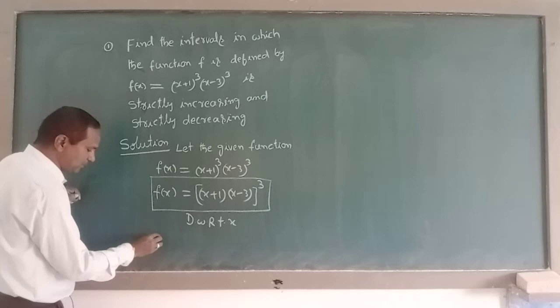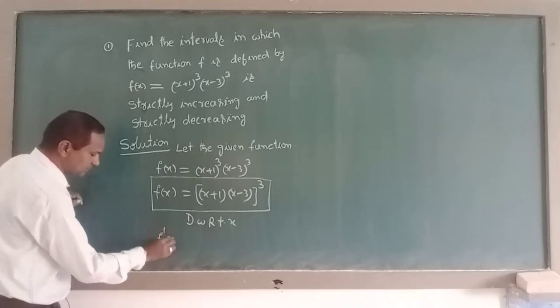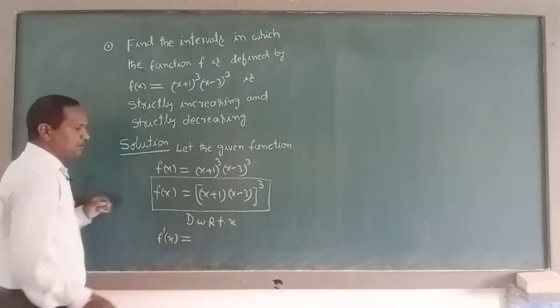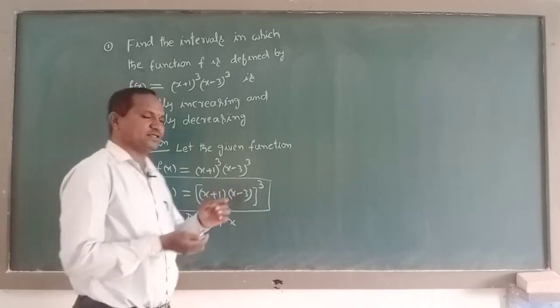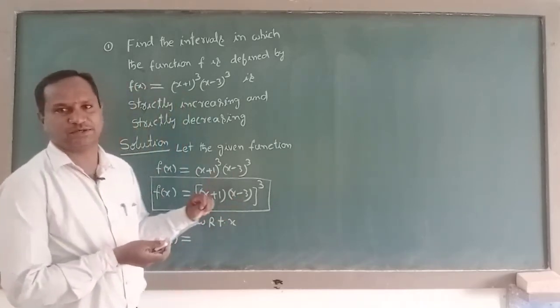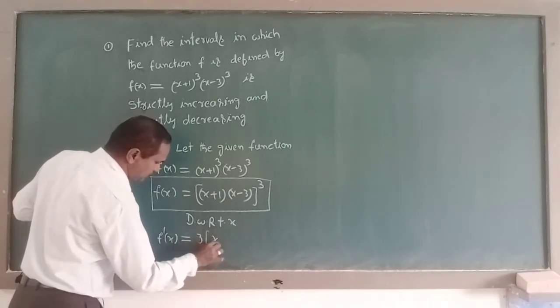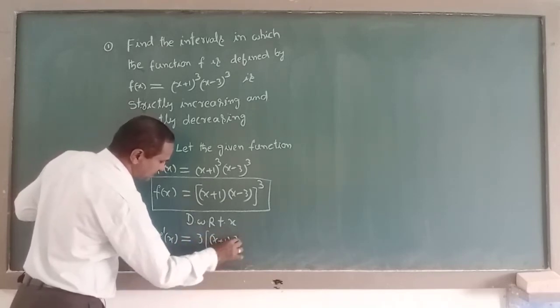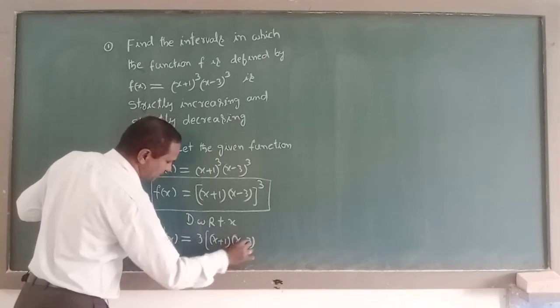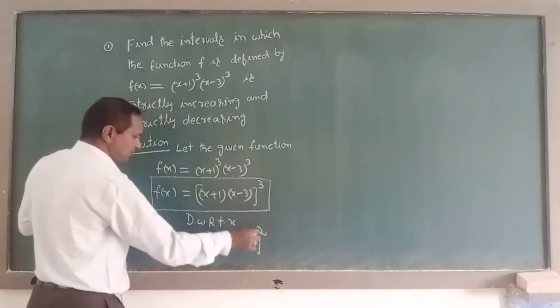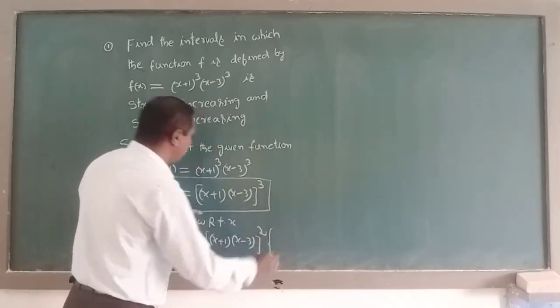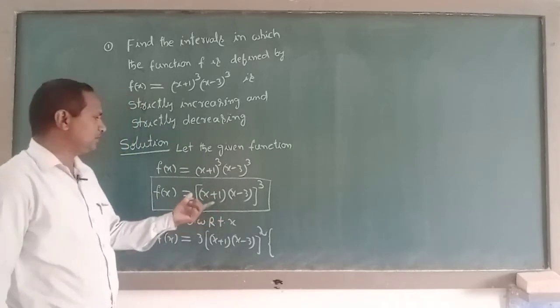Then f dash of x is equal to: since there is a power, first we take the differentiation with respect to the power, that is 3 into (x plus 1) whole square into (x minus 3) whole square, into, and again take the differentiation of the base.